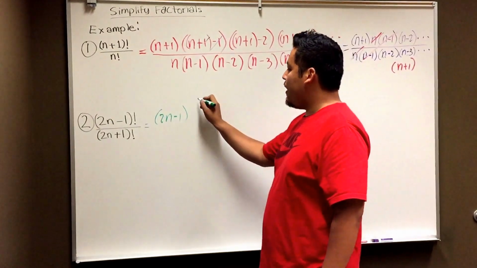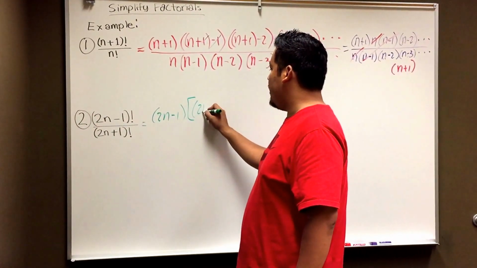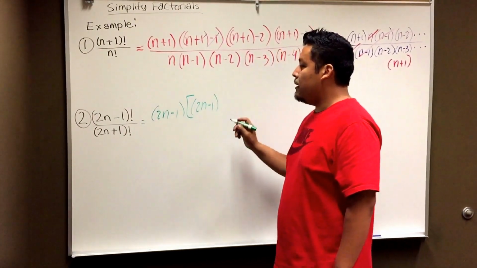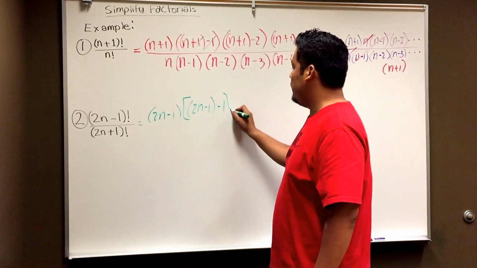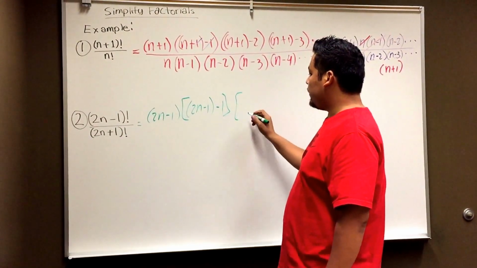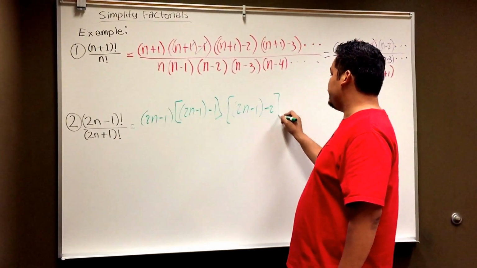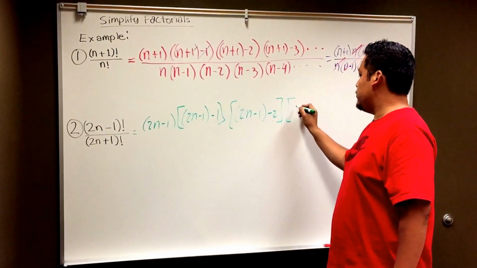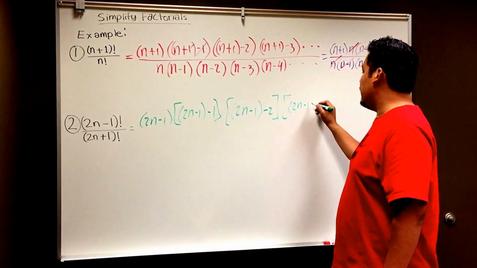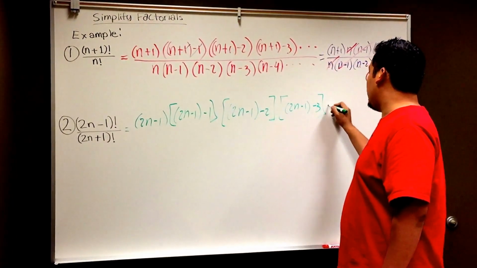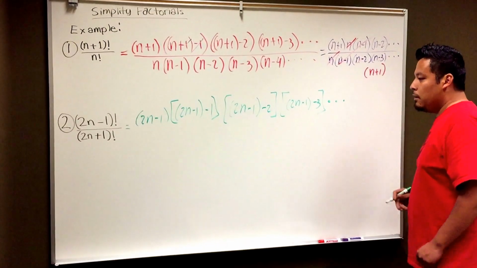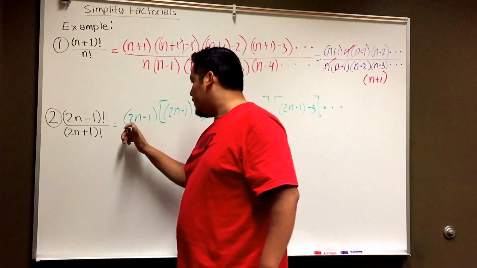And then our second factor will be 2n minus 1 minus 1. And then our third factor is 2n minus 1 minus 2, and 2n minus 1 minus 3, and it goes on and on. So now let's go over our denominator.